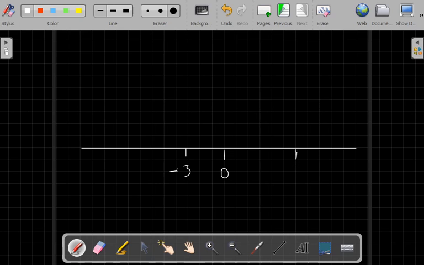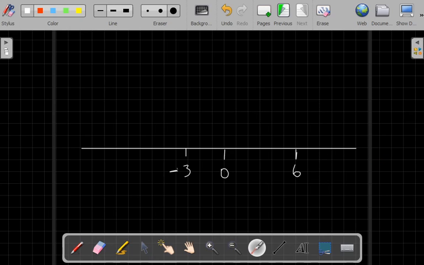So we need to test values for x that are less than negative 3, in between negative 3 and 6, and greater than 6 to see which values of x make the statement true.